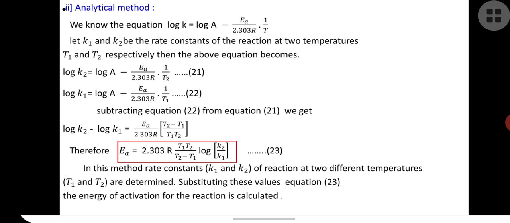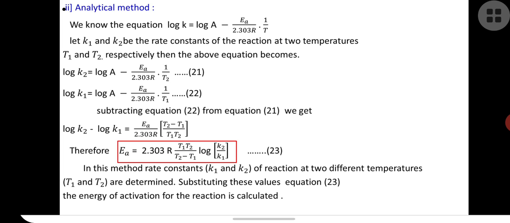Similarly, for K1, log K1 is equal to log A minus EA upon 2.303 R into 1 upon T1. These are the two equations, numbers 21 and 22.